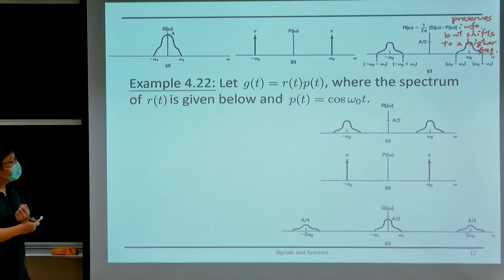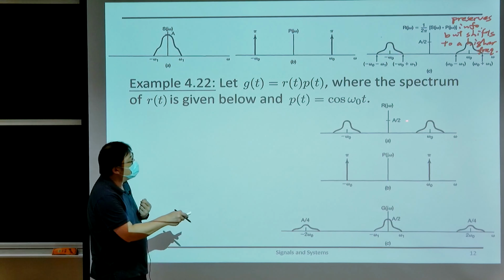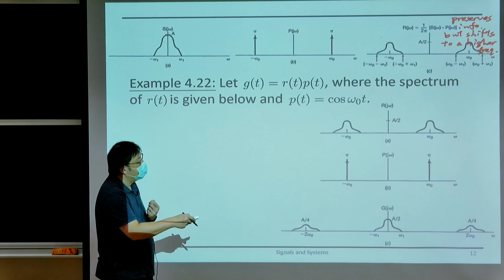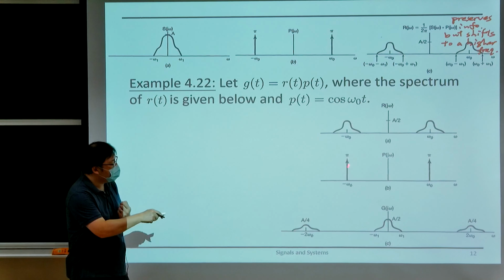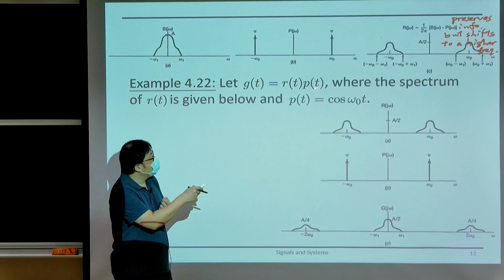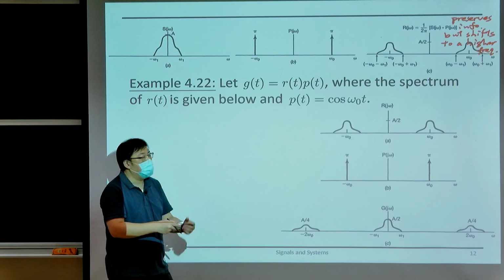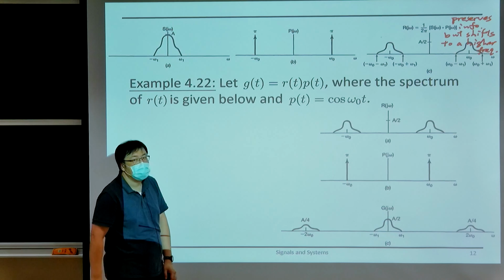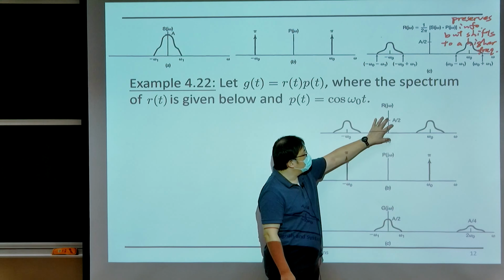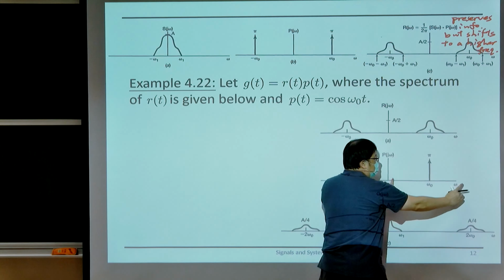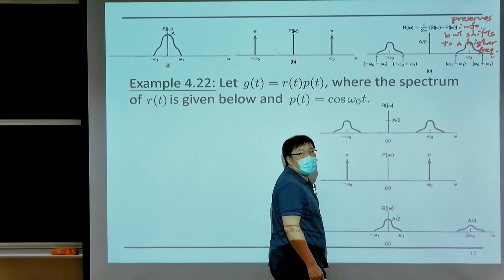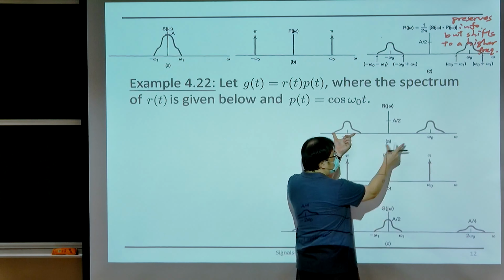Okay. Now what happens here? Suppose that this is R. You have a copy of the voice here and a copy of the voice here. Now when you multiply it by P of t, which has a spectrum equal to 2 delta functions, then in the frequency domain, it would be the convolution of these two. So you would be moving this spectrum up to center frequency omega naught, which will move this back to baseband.